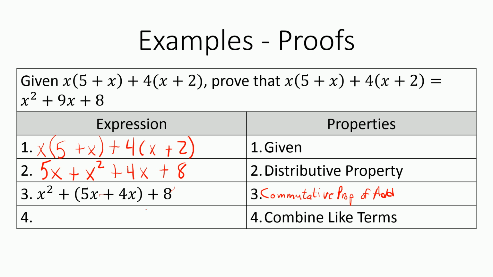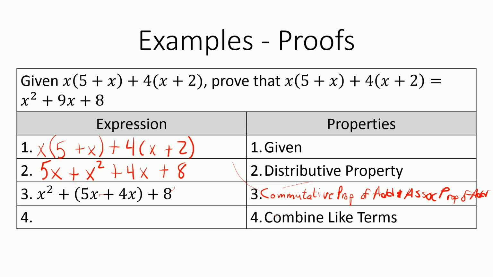So that's why we can rearrange. And then we also added parentheses. So actually that's a second property. It's also the associative property because it has to do with grouping. And that one is also of addition because we're doing addition here. So we've grouped them together.